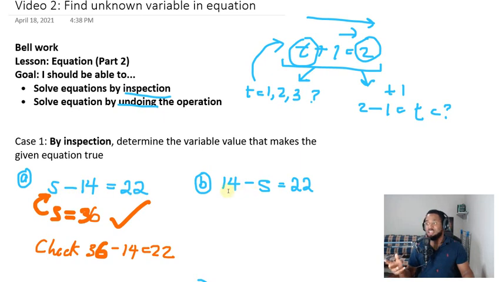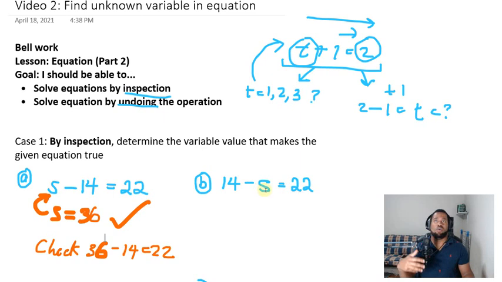Now in this case, you want s to be a really small number that is hopefully less than 0 as an integer, and you want to figure out what number will be taken away from 14 to give you a really positive number, which is 22. So it means that your s has to be very small.